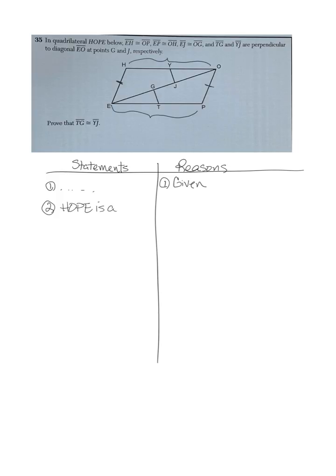is a parallelogram, and I like to use the symbol for parallelogram because honestly, I'm just too lazy to write it all out. On the regents, I probably would write it all out, to be honest with you. I don't know how picky your teacher was for your reason. You could write definition of a parallelogram.